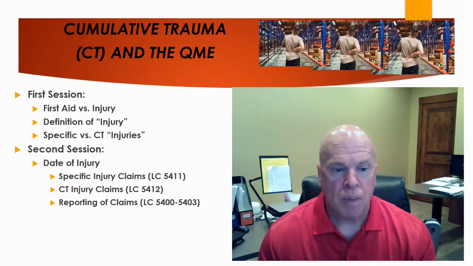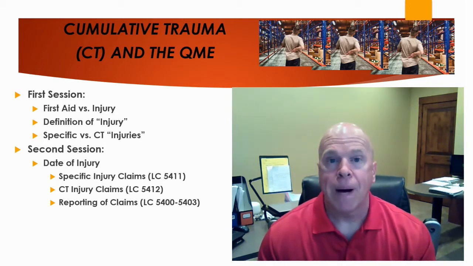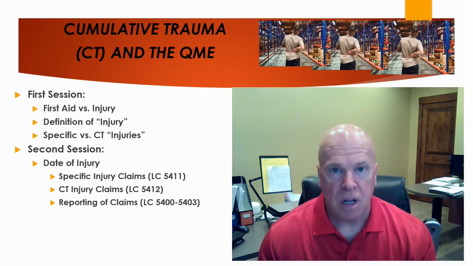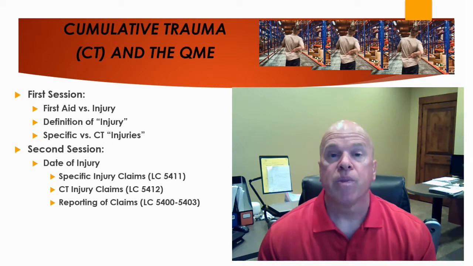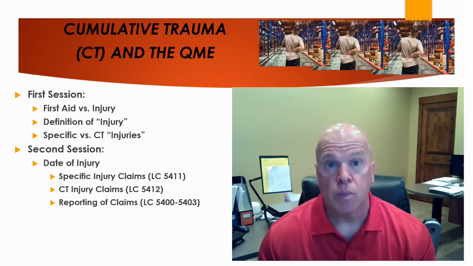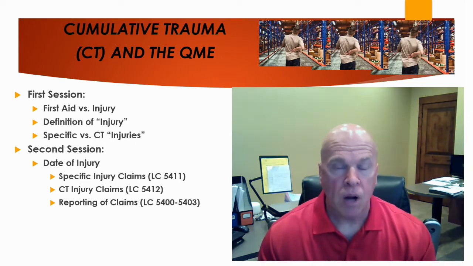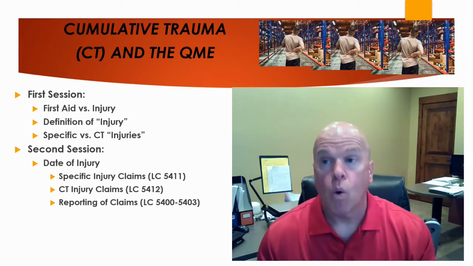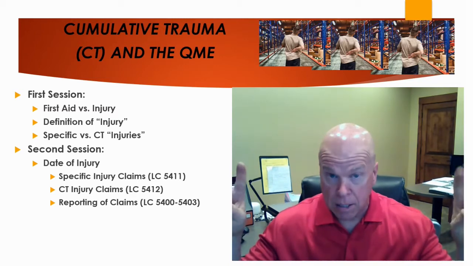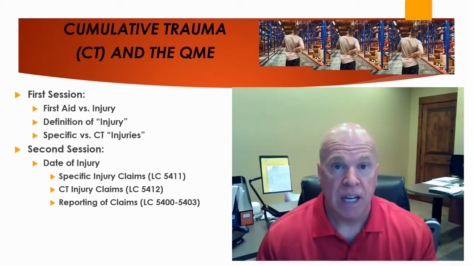We also talked about the importance of the reporting by the employee to the employer of the incident of injury. The obligation for reporting industrial injury falls upon the injured person, upon the employee. Labor Code 5400 and 5402 both describe what qualifies as a legitimate reporting of the injury.